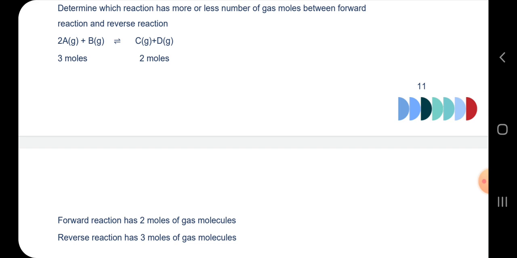So when you combine A plus B, they give you C plus D. A plus B is the reactant and C plus D is the product. So the product is the forward reaction. When you combine A and B, we get a forward reaction which will give us C and D. A and B is a reverse reaction. Keep that in mind.